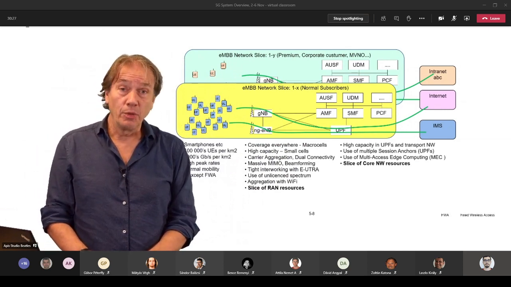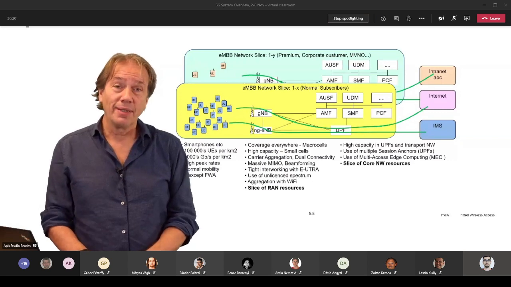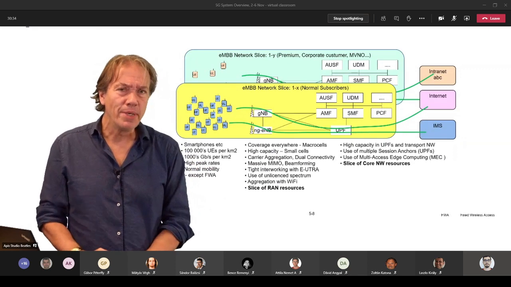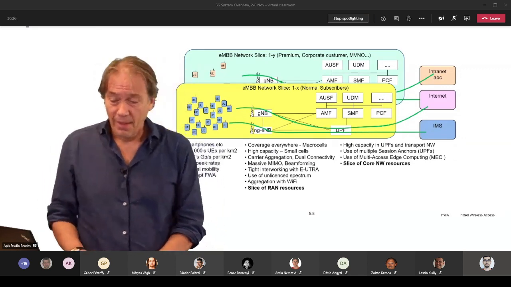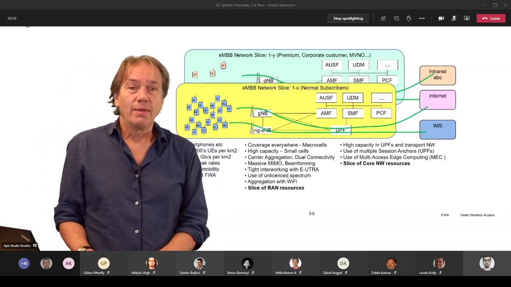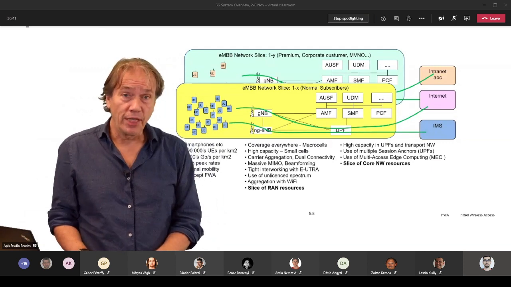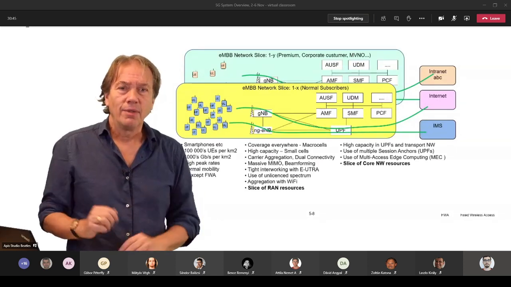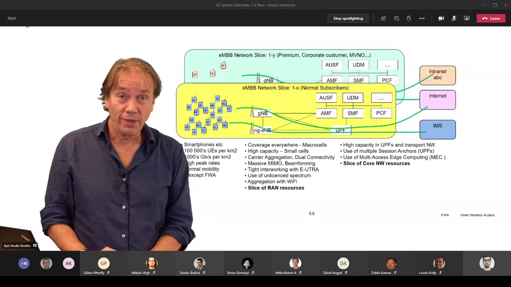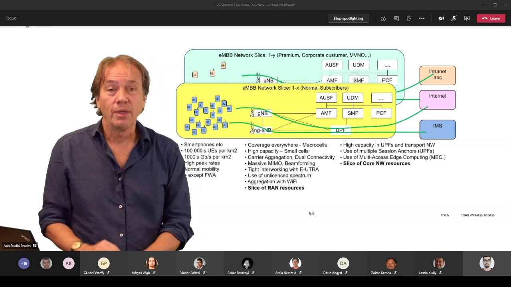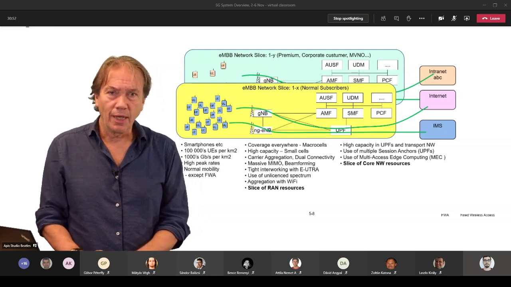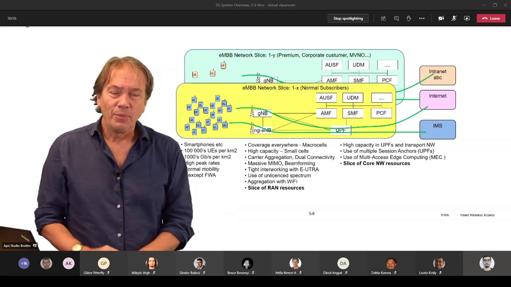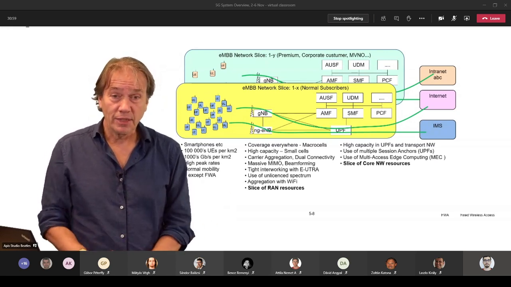One question which people often ask, and which I often ask myself, is how many slices will there be in a typical network? I've heard some people say that, to start with, a typical public network from a traditional operator will have a few network slices, because we need to understand how this works and the dynamics of network slicing.